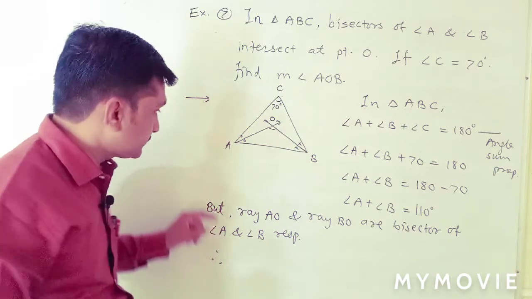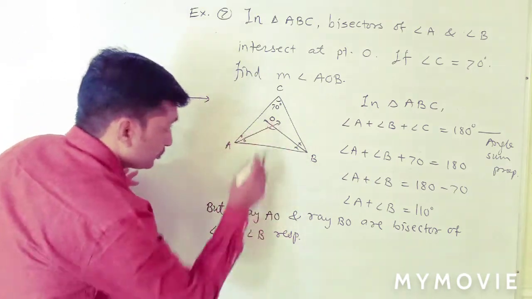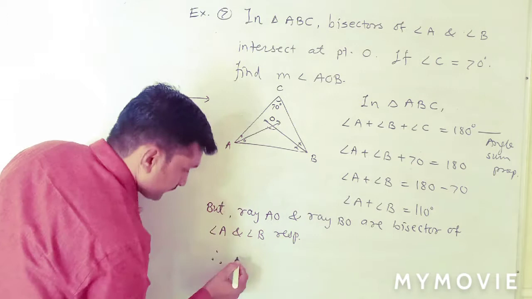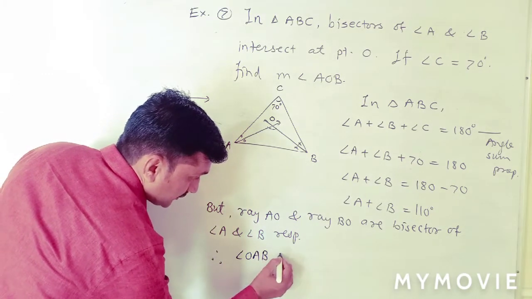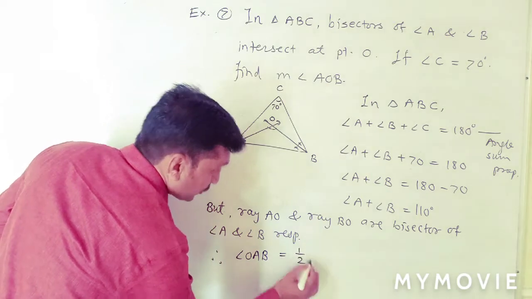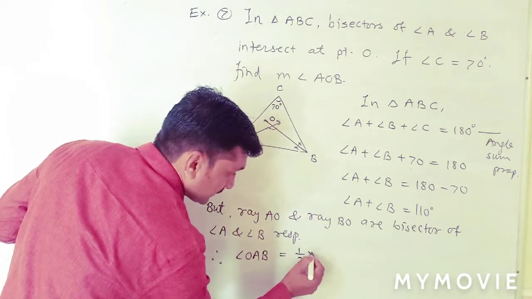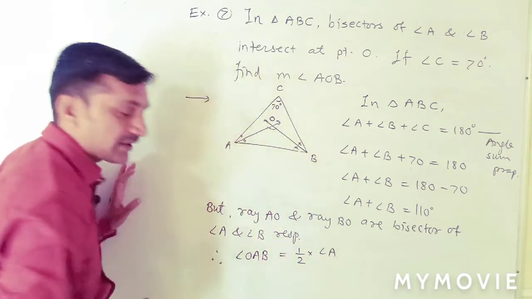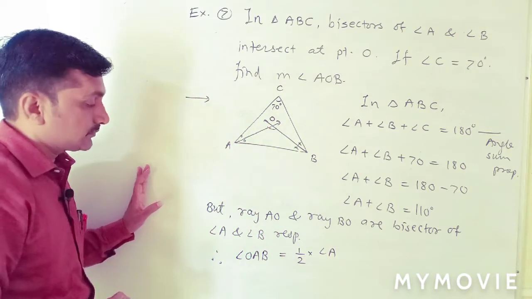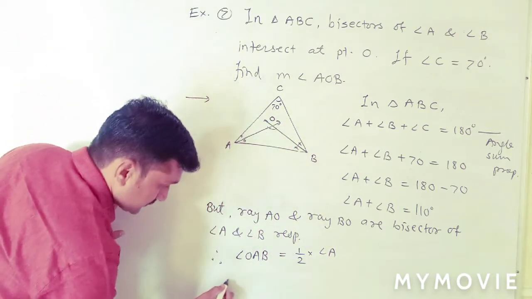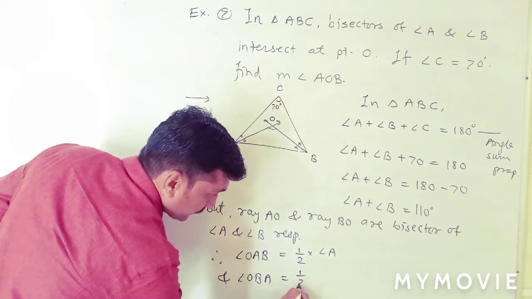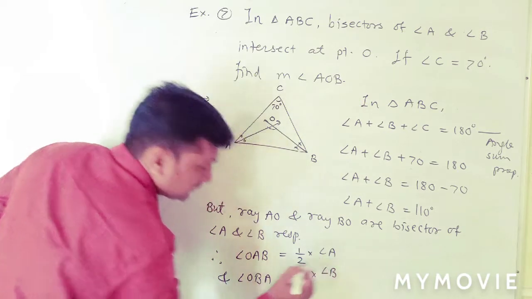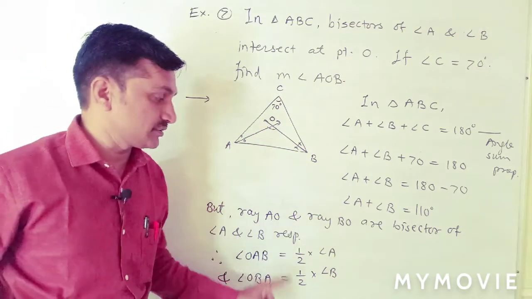Now we can write angle OAB is equal to half of angle A, and angle OBA is half of angle B because of this condition.